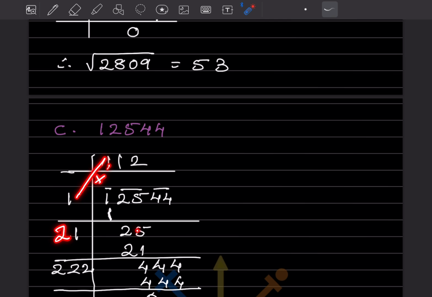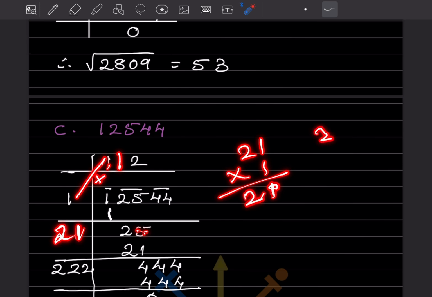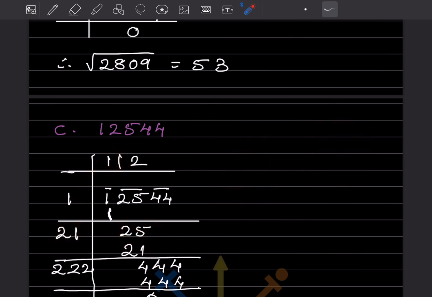So now after taking 25 here, this is 2 is already there. So 1 into 1. So that will be 21 ones are, that is going to be 21. If we are taking some other number, if we take 22 twos are, that is going to be 44. But this is just 25. So we are going to take 21 ones are 21. So here you will write 4.